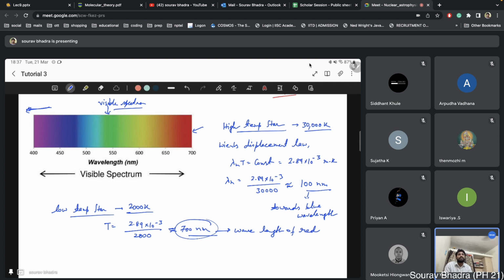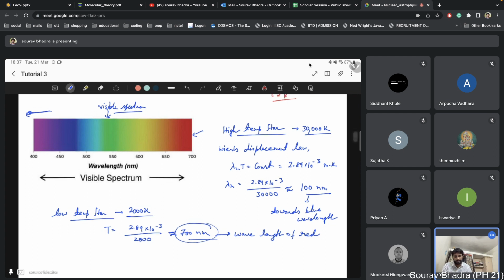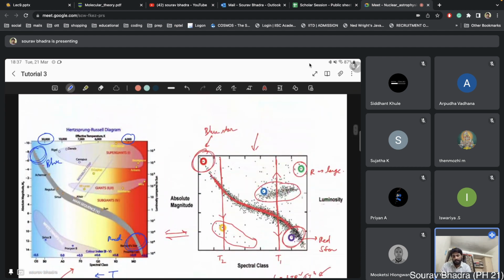It is not that the star will look blue itself, but it is going towards the blue wavelength, and the lower temperature stars are red stars because they go towards the red wavelength. It is the simplest thing. I think you all have done it, but still I told you this is why in the HR diagram the higher temperatures are blue and the lower temperatures are red.